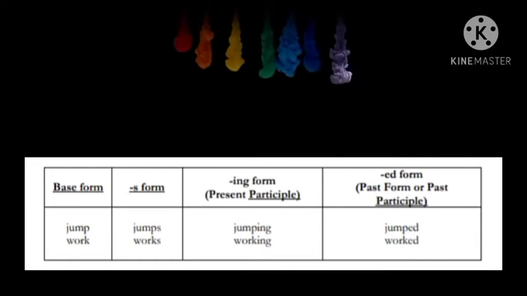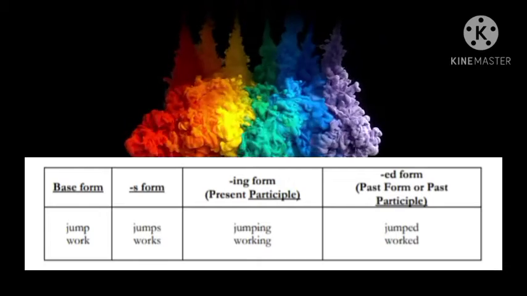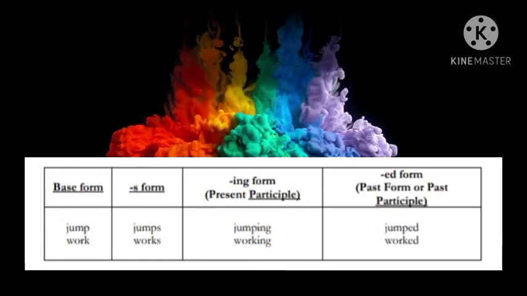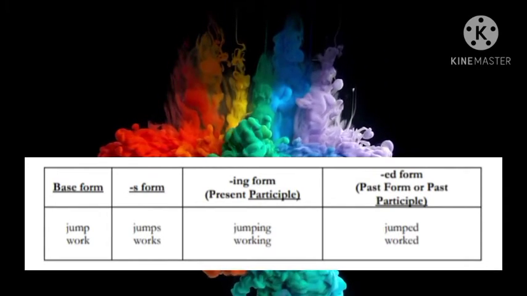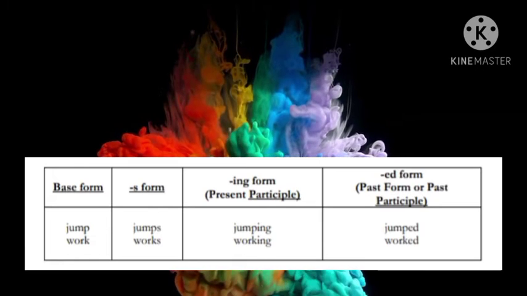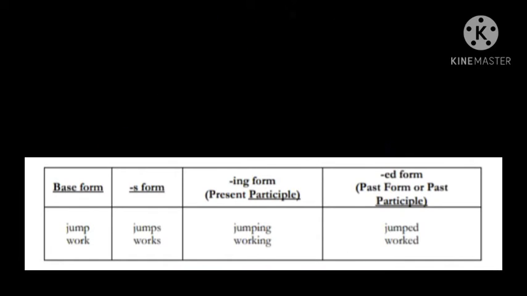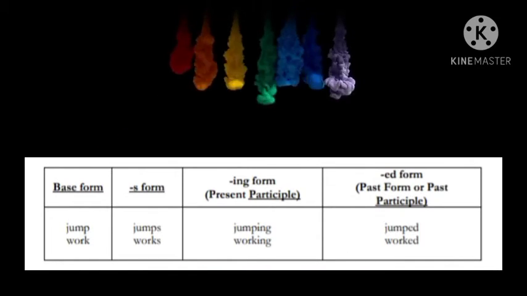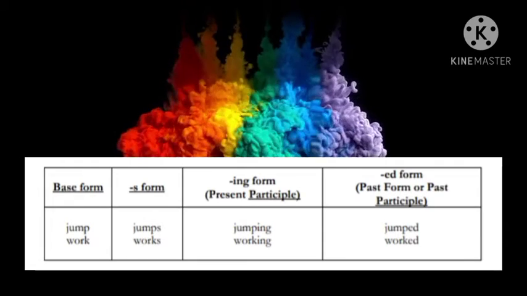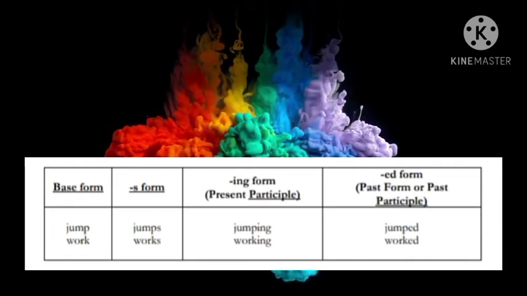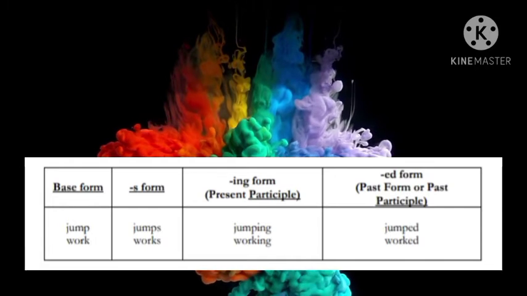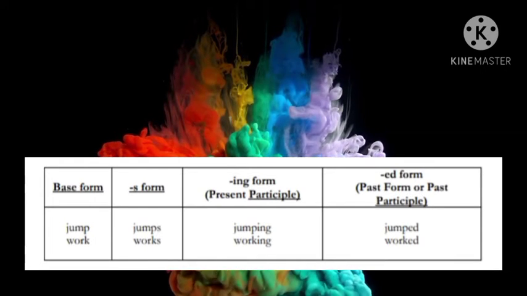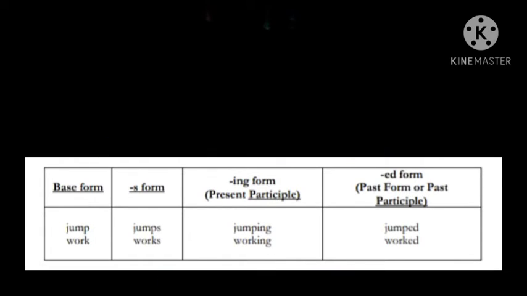Then, in the third column, by adding the ing form or the present participle, jumps becomes jumping and works becomes working. And then for the last column, by adding the ed form or the past form or past participle, the word jumping becomes jumped and the word working becomes worked.